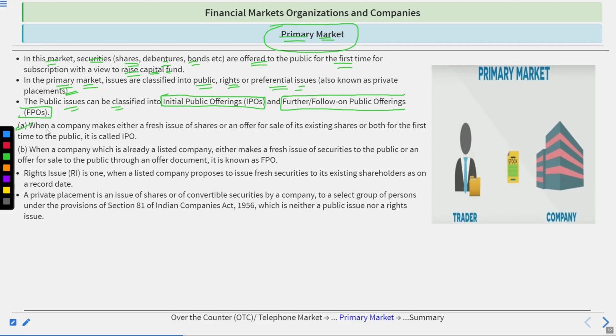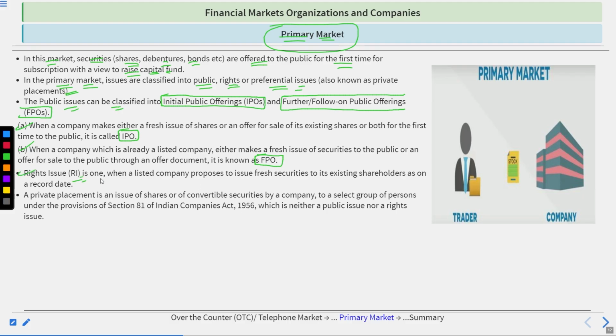When a company makes either a fresh issue of shares or an offer for sale of its existing shares, or both, for the first time to the public, then we generally call it an IPO, the initial public offering. When a company which is already a listed company in the market either makes a fresh issue of securities to the public or an offer for sale to the public through an offer document, then it is known as the FPO.